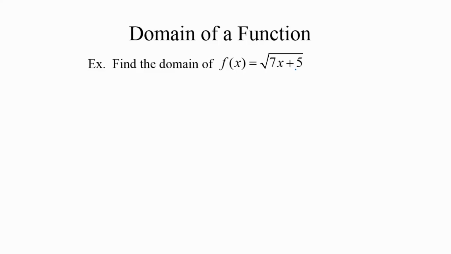Now 7x plus 5 cannot be negative. So you say 7x plus 5 should be greater than or equal to 0 in order for the value of this function to be a real number. So that means 7x has to be greater than or equal to minus 5. That means x has to be greater than or equal to minus 5 divided by 7.